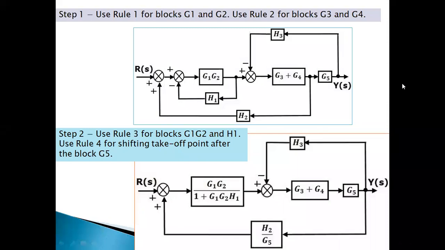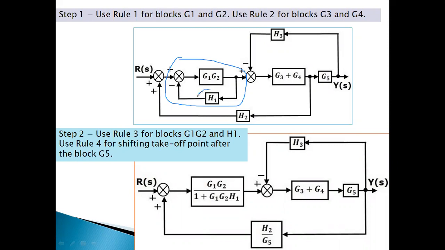Okay, so in step 2, now if we observe, up to this portion in this figure, the forward path gain is G1, G2, and this is feedback.